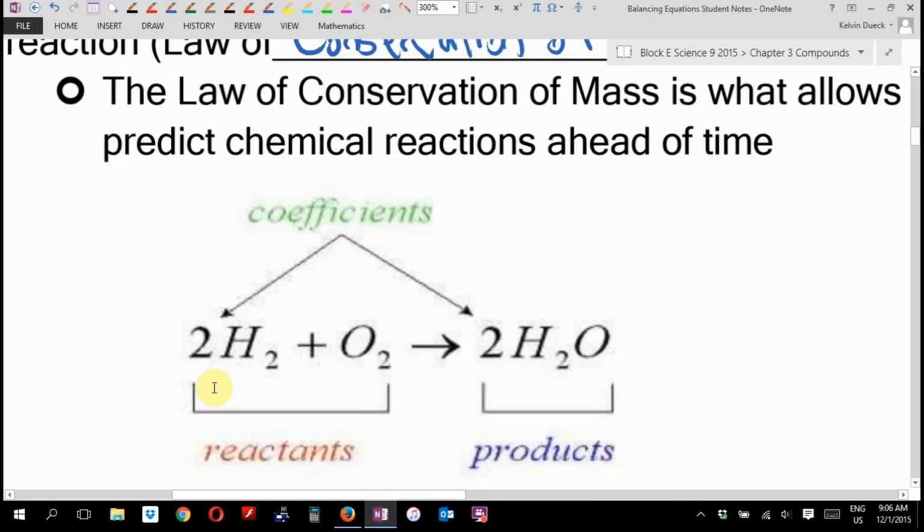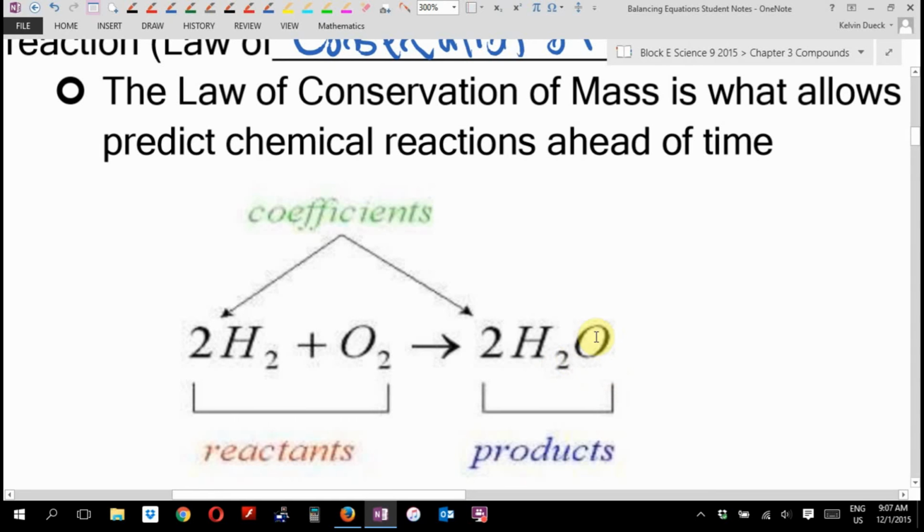How many oxygen atoms have I better have on the right? 2. How many hydrogen atoms have I better have on the right? 4. Otherwise, it's an impossible sentence. You end up with, well, you know what? This is if you take hydrogen and oxygen and you light a match or you add flame, you get an explosion and water. I showed you a video earlier this year of blowing up a little balloon.